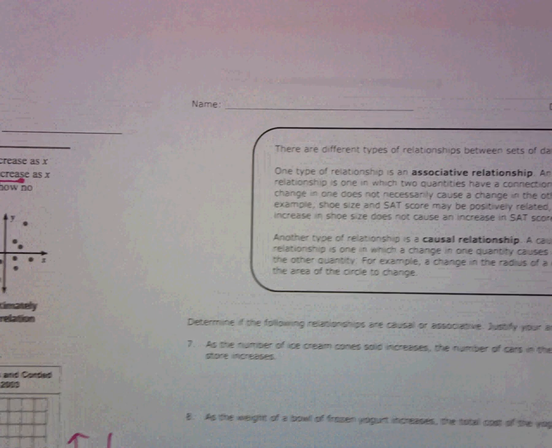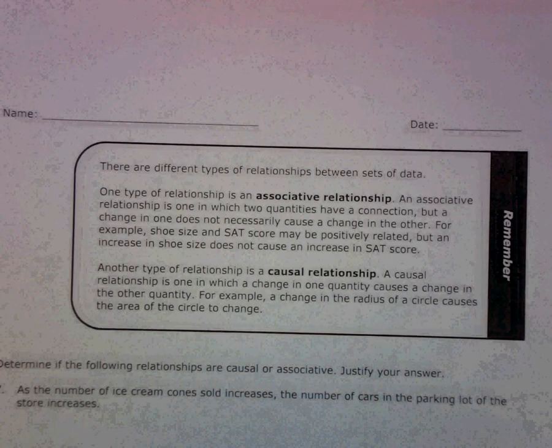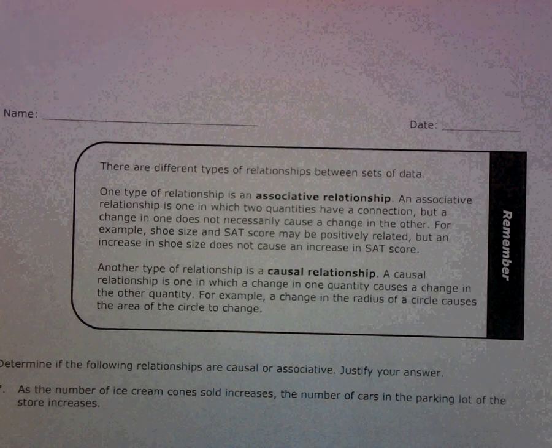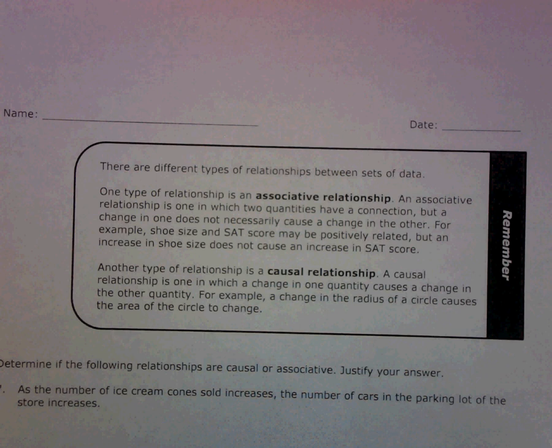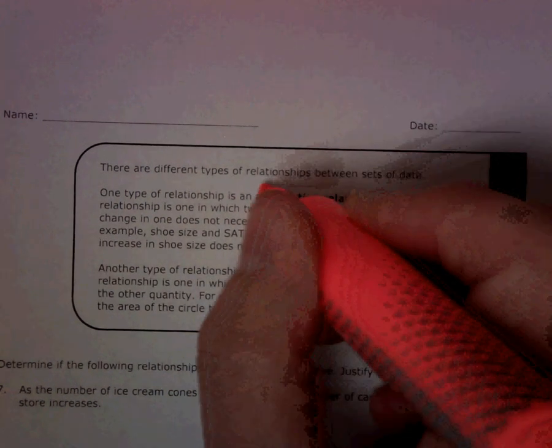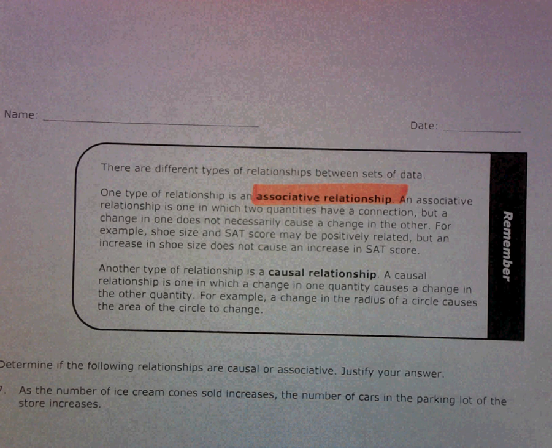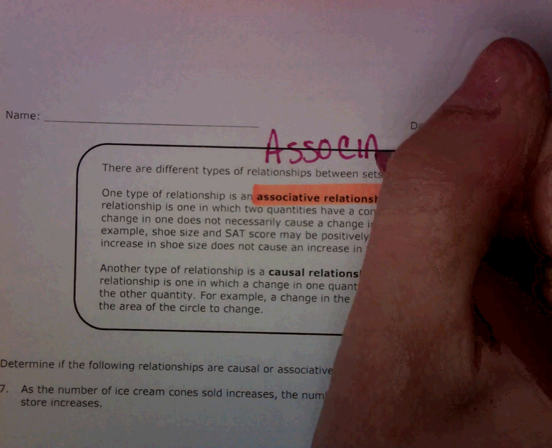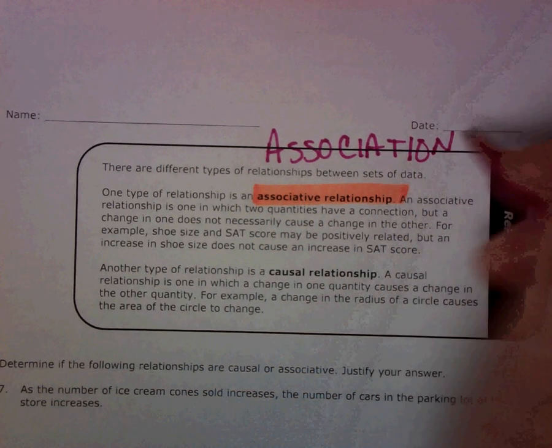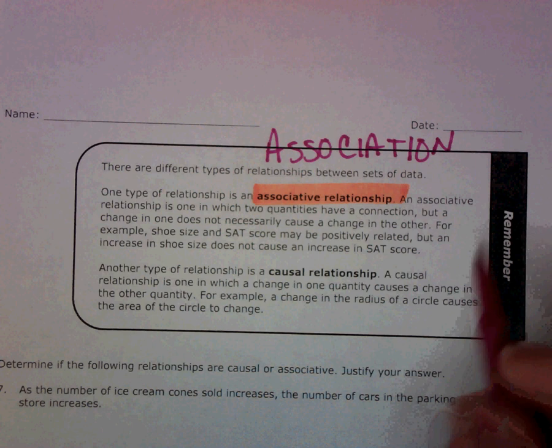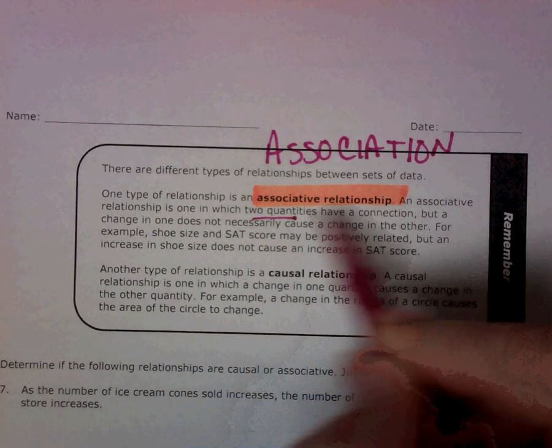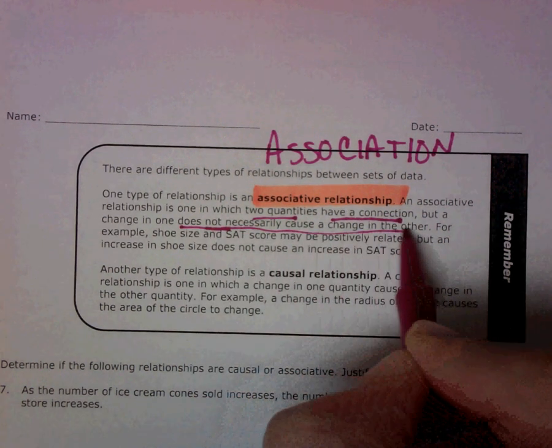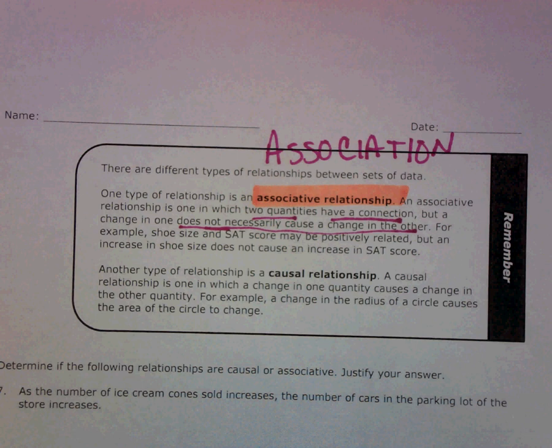Okay, so the next thing we need to talk about is the difference between an association and a causal relationship or a causation. So we have two different types of relationships. We have associative, or you can think of this as an association. And what it says about an association is that two quantities have a connection, but one does not necessarily cause the change in the other.